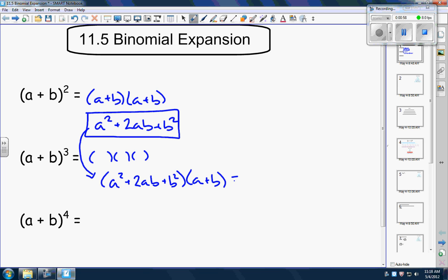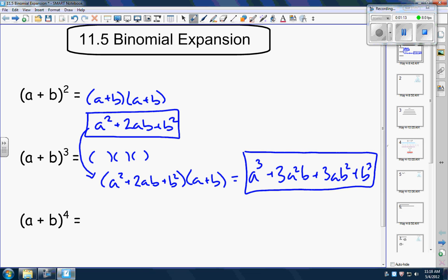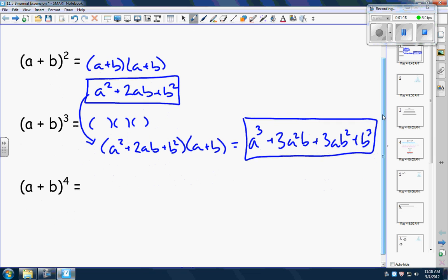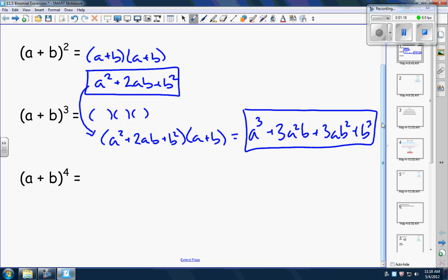So I'll save you guys all the work with the double distributing, because we're going to be looking at patterns with this anyway. But this would come out to be this right here.